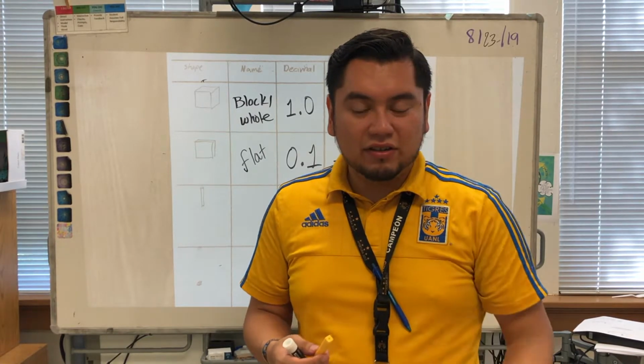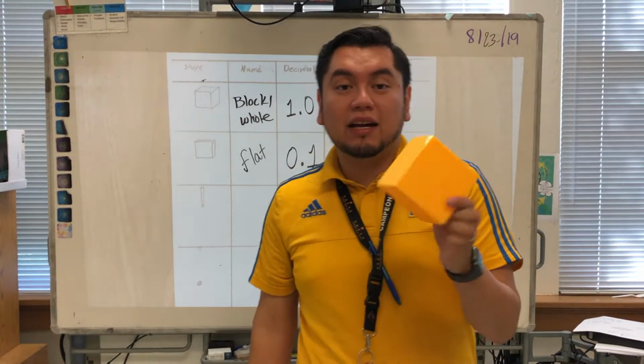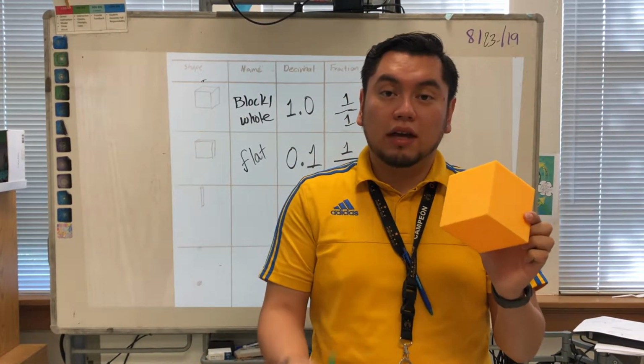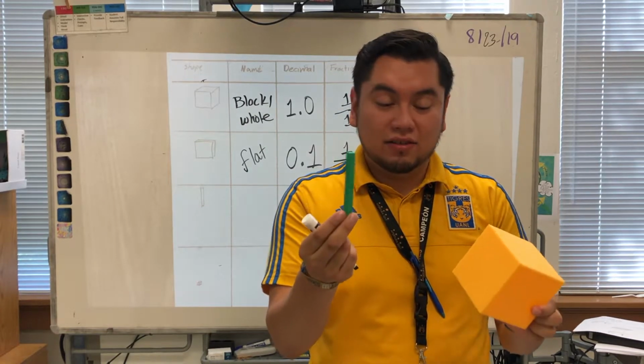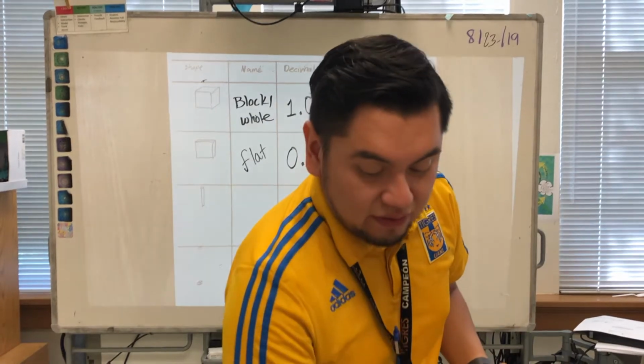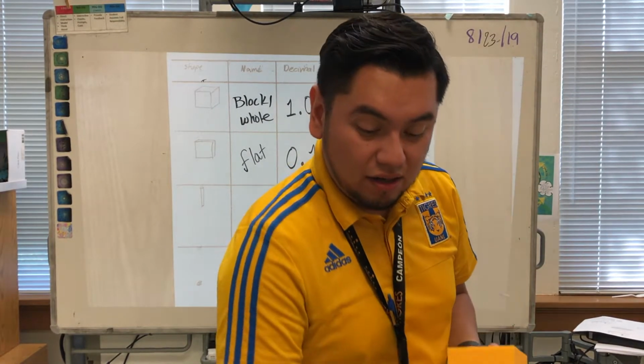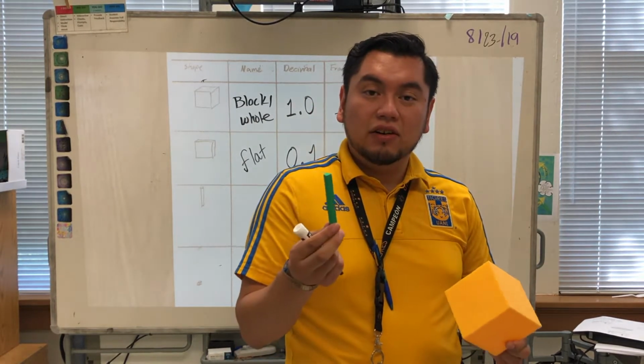But we're not referencing back to the flat. We are referencing back to the whole. 10 rods are in one flat, but since there are 10 flats here, there will be 100 rods.